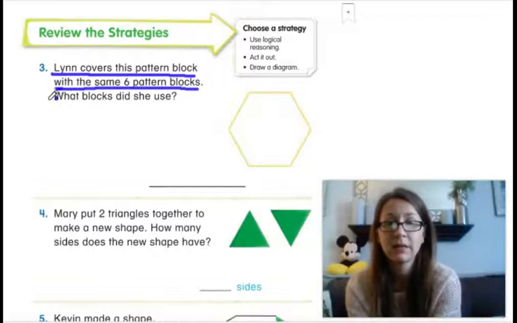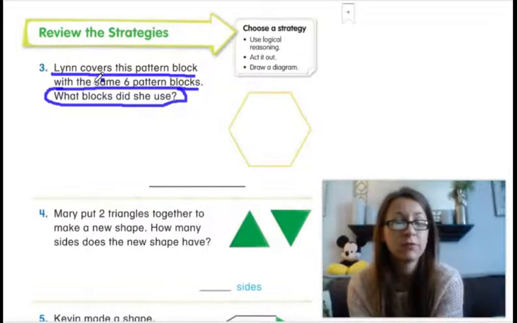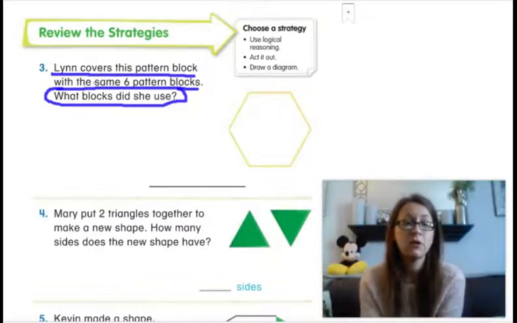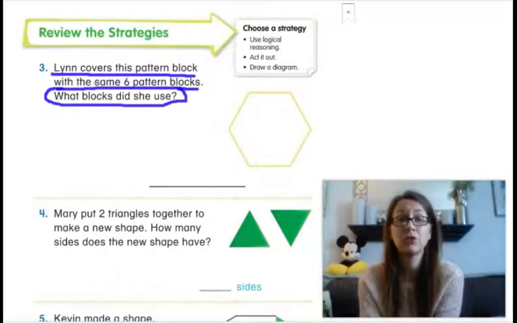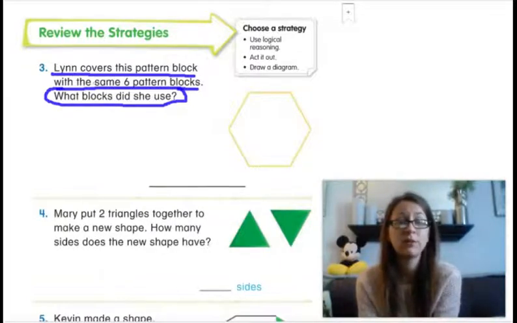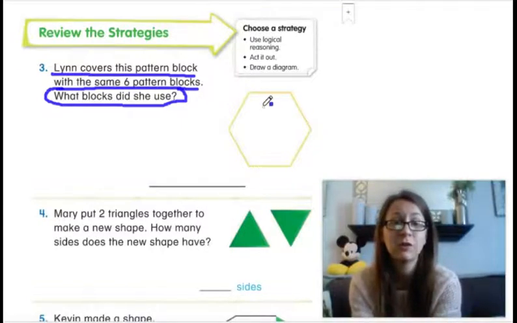And then our last sentence, what blocks did she use? So you're going to have to figure out what block you can use to fill in this hexagon using the exact same shape for every single one that you're putting in there. So on the line, you're going to write down the name of the shape that you used. And then inside this hexagon, you need to draw where these shapes go inside the hexagon.